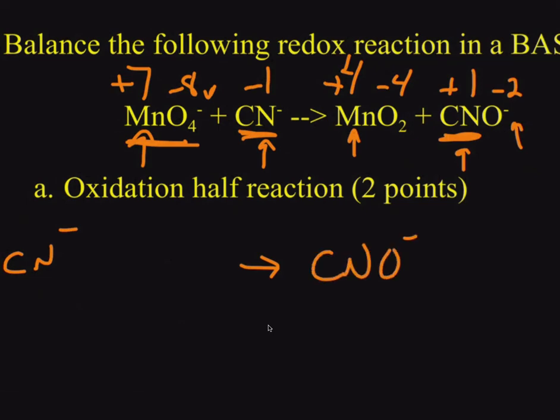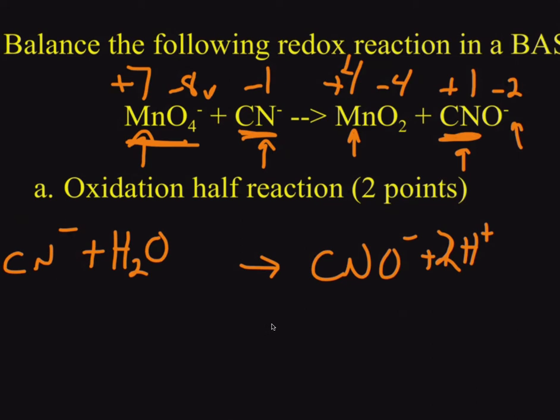Now we're going to start by balancing it the way we did with the acidic solution, which means we've got 1 extra oxygen on the right, so we're going to add a water molecule on the left, and then we're going to add 2 hydrogens to the right to balance the hydrogens that we just added on the left with the water molecule.